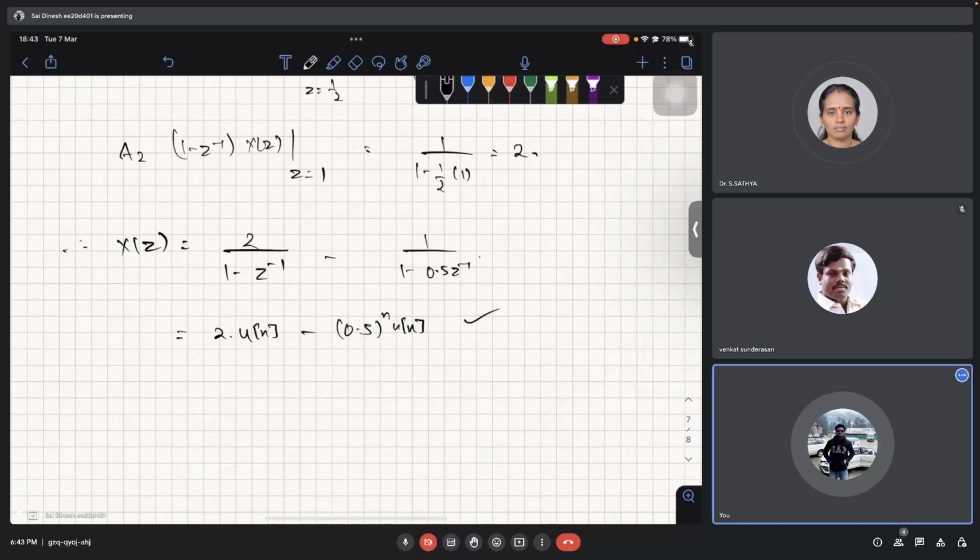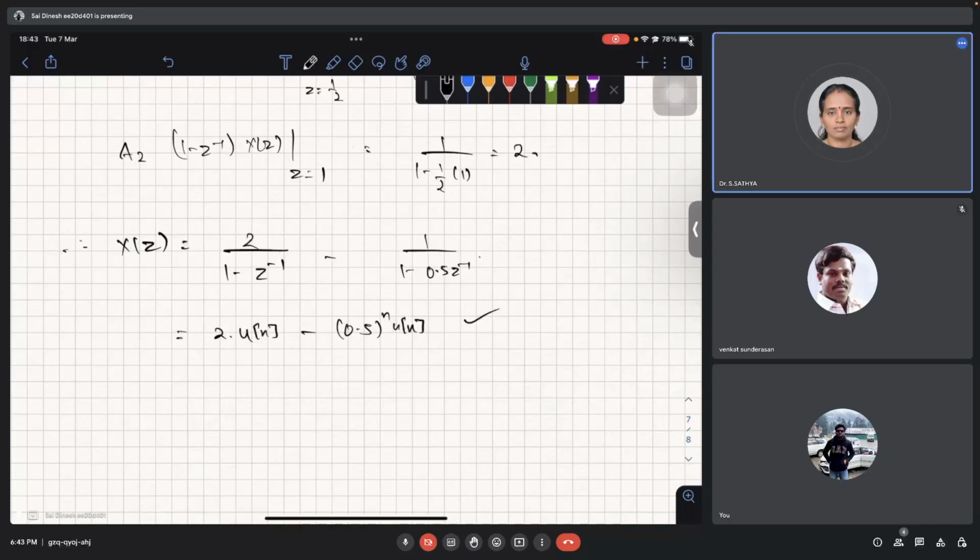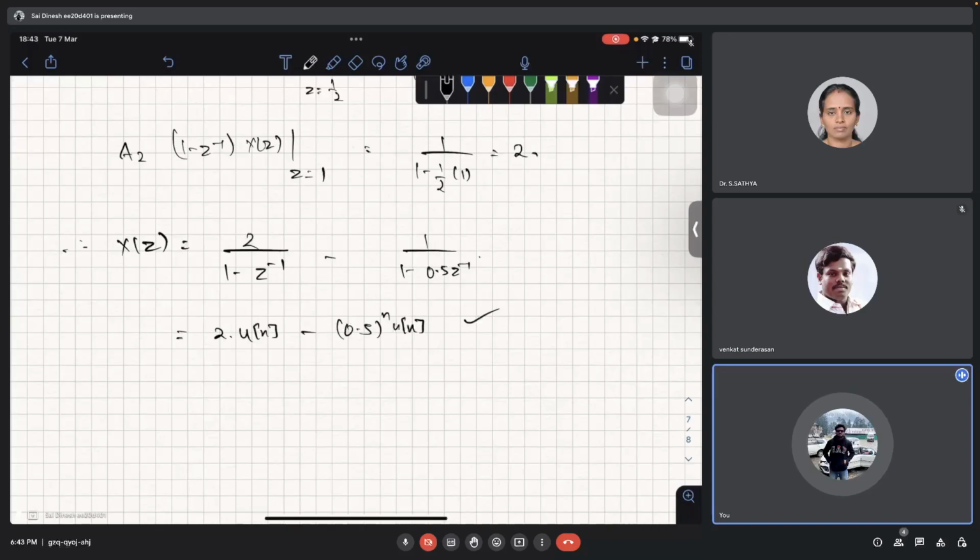So is this correct? Can you tell it is unique? If you have X(z), can you directly tell that this represents this?